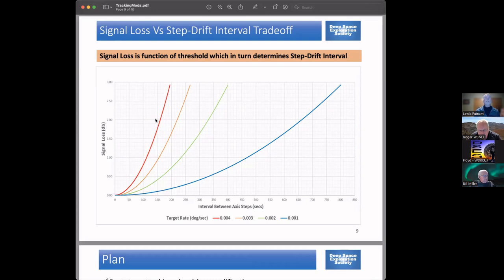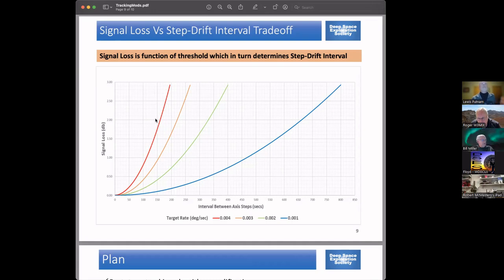This doesn't assume a specific... because the beam is wider. If you're running at 400 megahertz, you've got a huge leeway compared to 1420. Were all these done at 1420, Liz? I think this was at 1420. I have to go back and check that. I was basically just doing worst case.